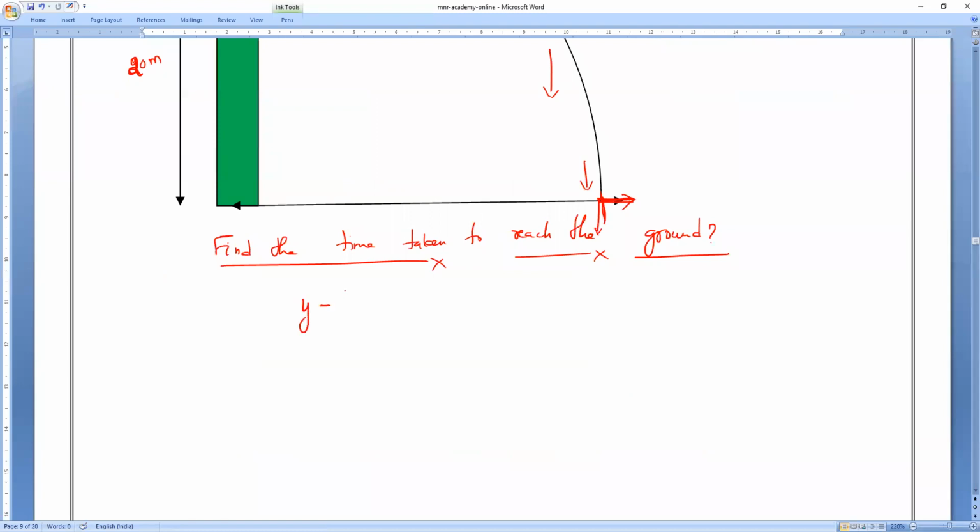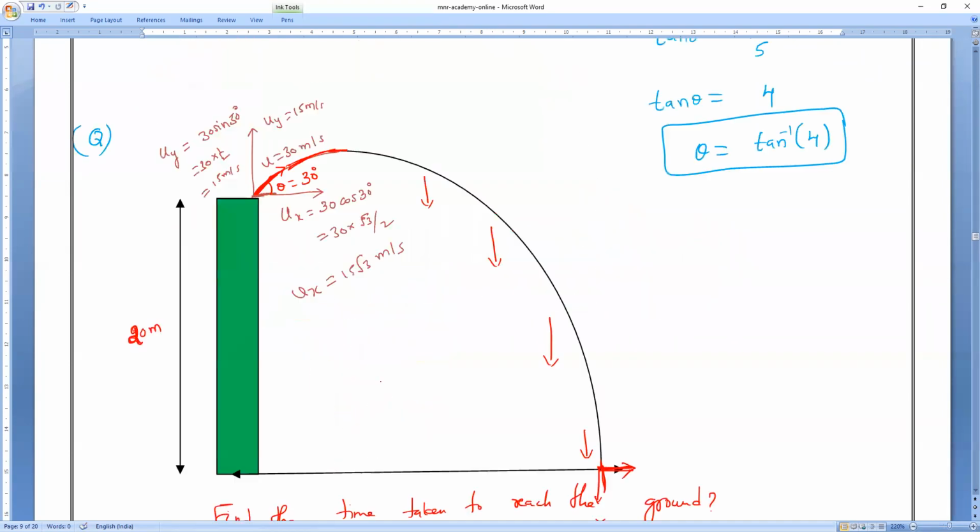So now, in the Y direction, what is the initial velocity? 15 meter per second. Okay, and the displacement in the Y direction, maximum displacement, how much?